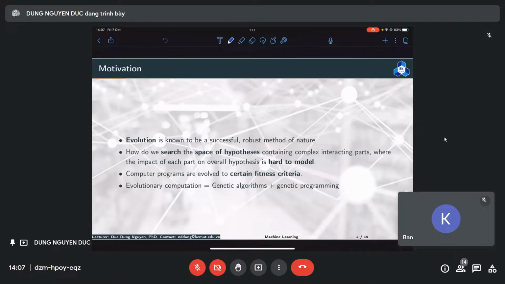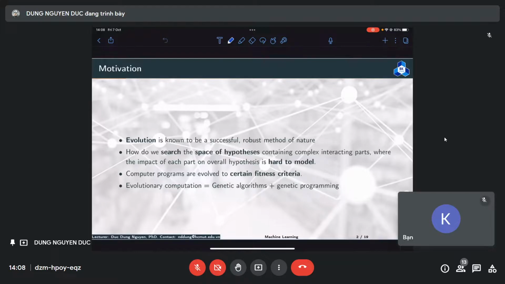We use this kind of genetic algorithm for searching for a solution. Now you have to define what is the solution you are looking for. In other words, you are looking for a hypothesis in the space of hypotheses. Mapping between terminology, the hypothesis here is the solution you are looking for.